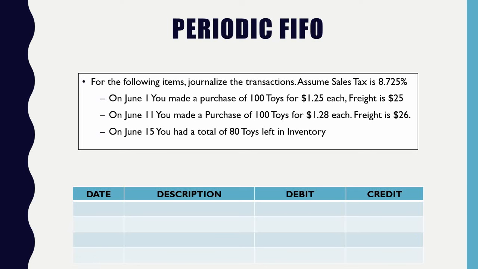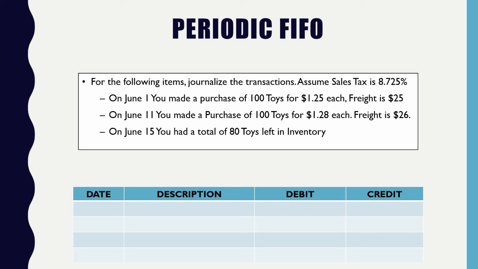All right. So the scenario says that you made the following purchases to journalize each transaction. Okay, assume that sales tax is 8.735. You don't need to know the sales tax. So first here on June 1st, you made a purchase of 100 toys for $1.25 with the freight costing $25.